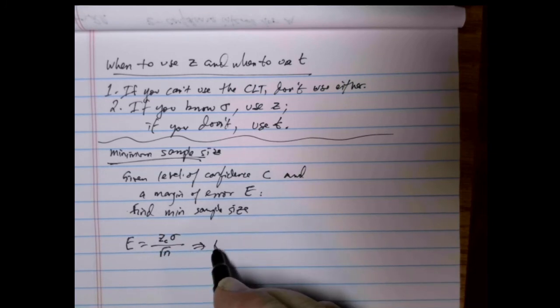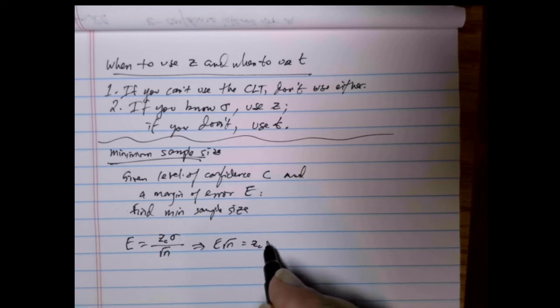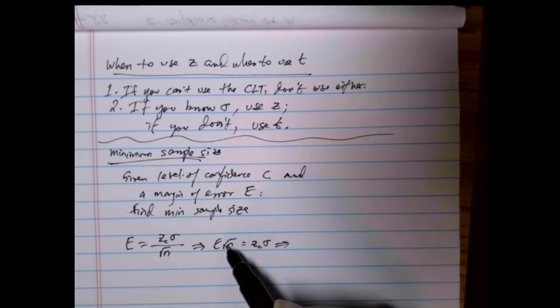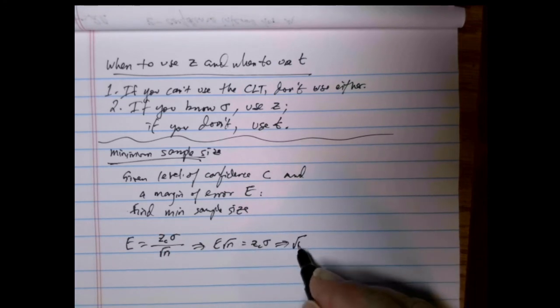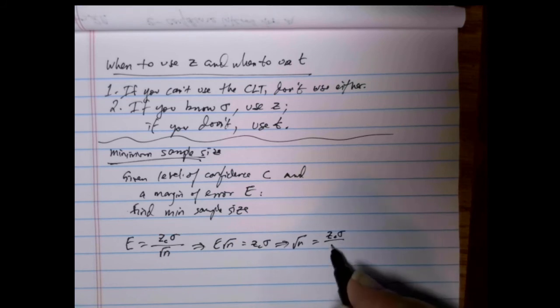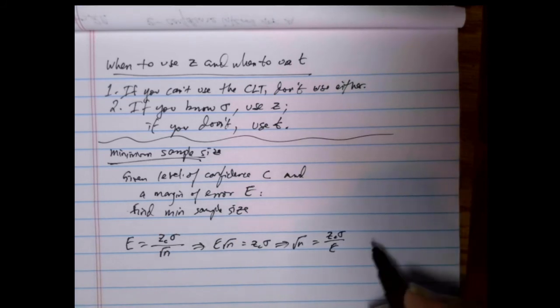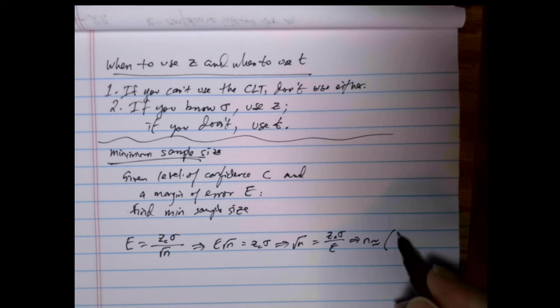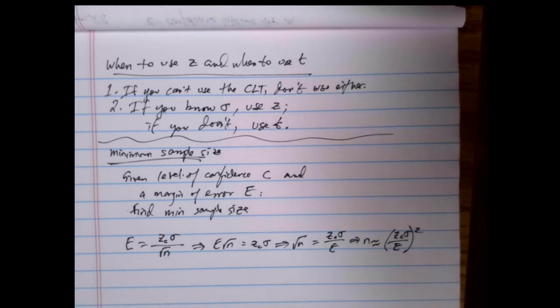So let's multiply through by the square root of n. E times the square root of n is Z sub C times sigma. Now what I'm trying to solve for is n, so let me isolate it. Square root of n is Z sub C sigma over E. And that says that n, I'm just going to square both sides now, is approximately equal to Z sub C times sigma, that quantity, over E, all squared.